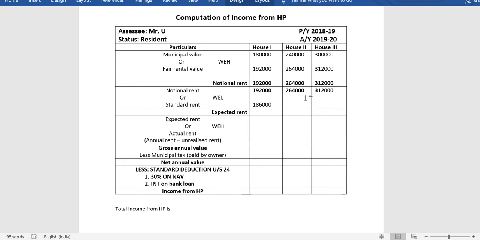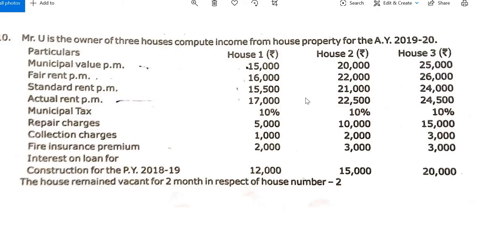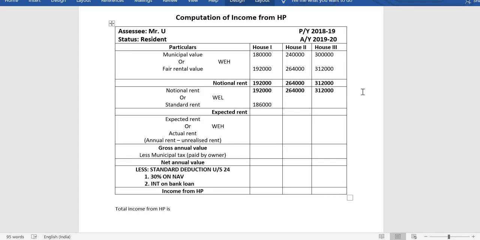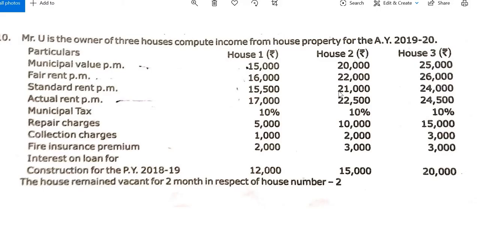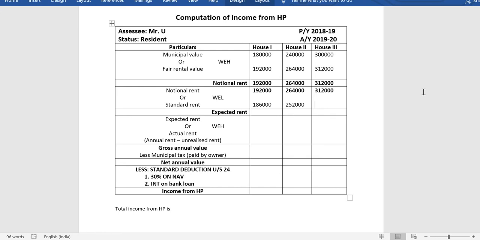Then the second one, 21,000 into 12, you will get 2,52,000. Please all of you use your own calculator and calculate on your own. Then for house 3, 24,000 into 12, you will get 2,88,000.